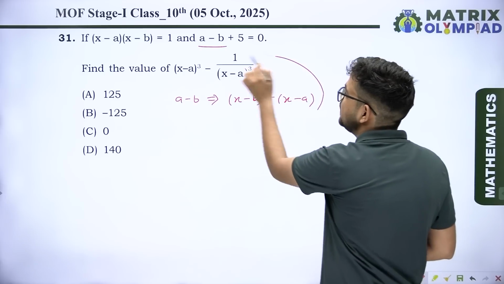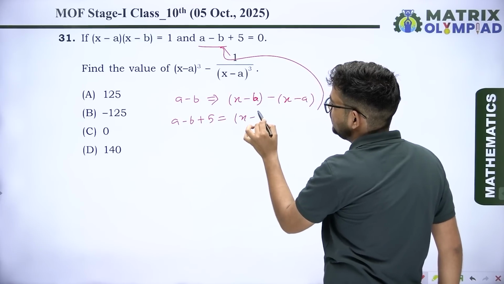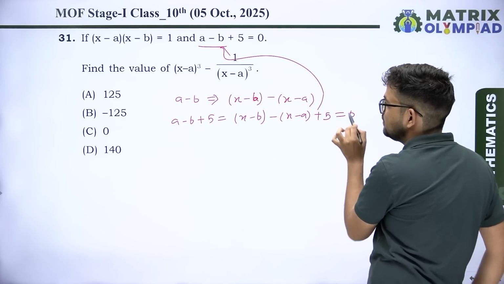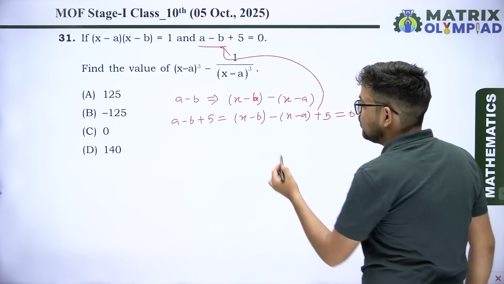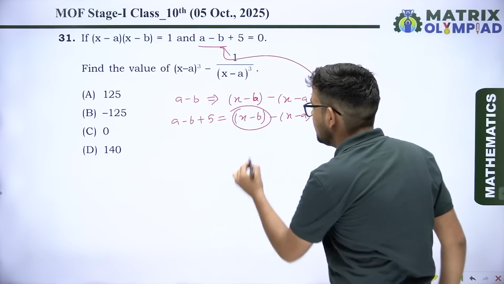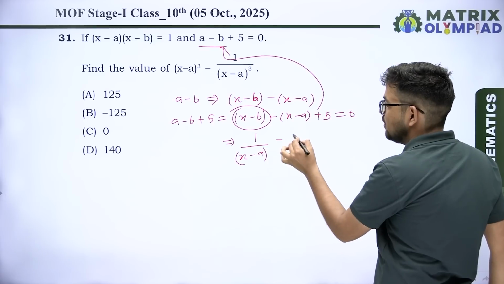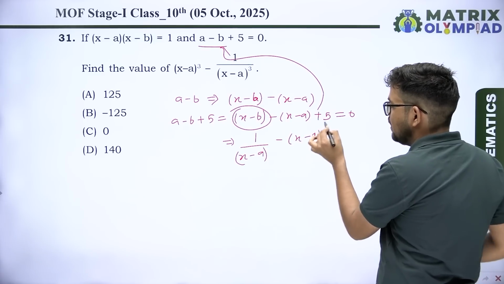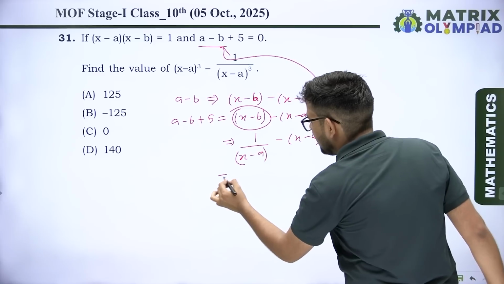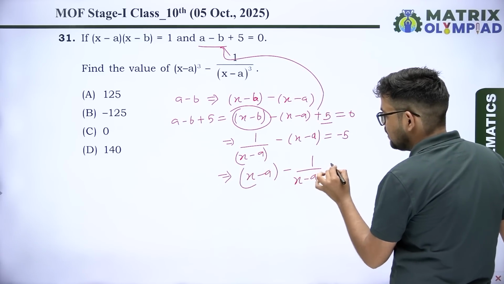So a minus b plus 5 will be (x minus b) minus (x minus a) plus 5 equal to 0. Now the value of x minus b will be 1 upon (x minus a), so that will be 1 upon (x minus a) minus (x minus a), and plus 5 on that side will be minus 5. Now we can write (x minus a) minus 1 upon (x minus a) equal 5.